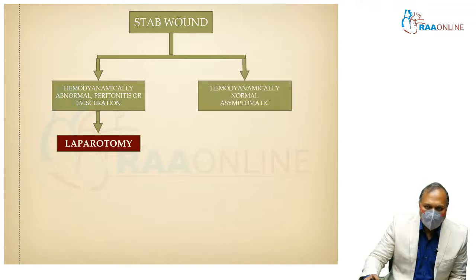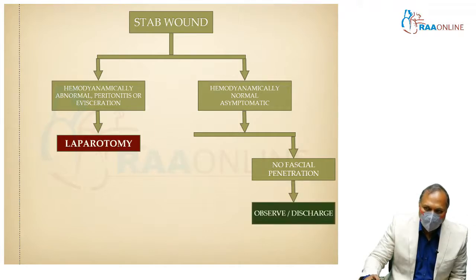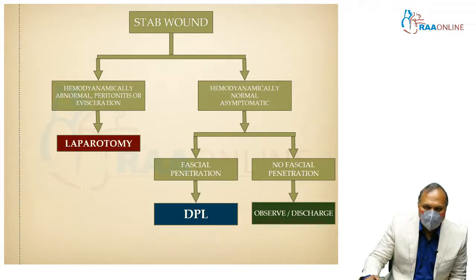But if the patient is hemodynamically normal or asymptomatic, then you need to see whether there is a fascial penetration, whether the fascia has been penetrated. If there is no fascial penetration, then you can observe the patient. If there is fascial penetration, then you need to do a DPL.